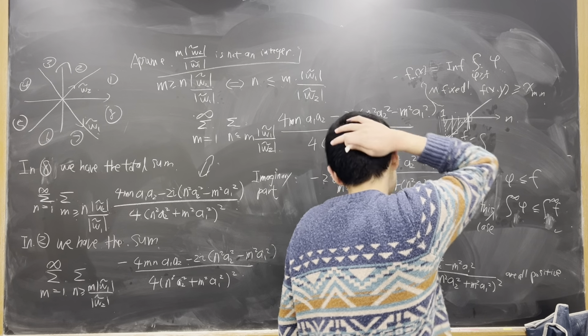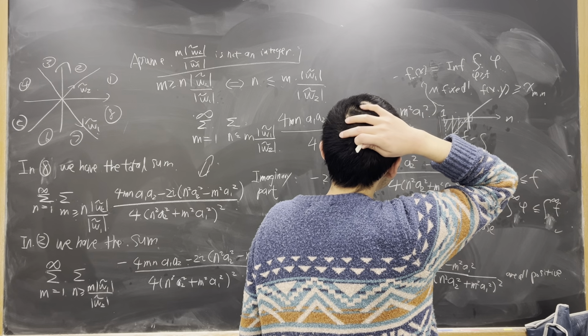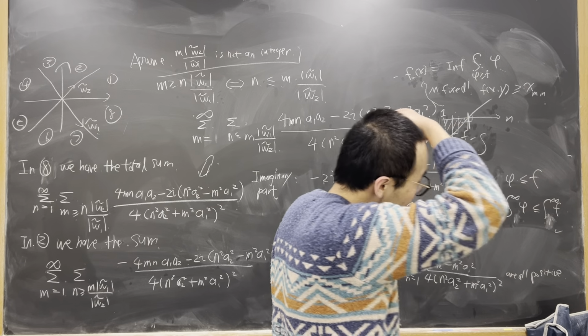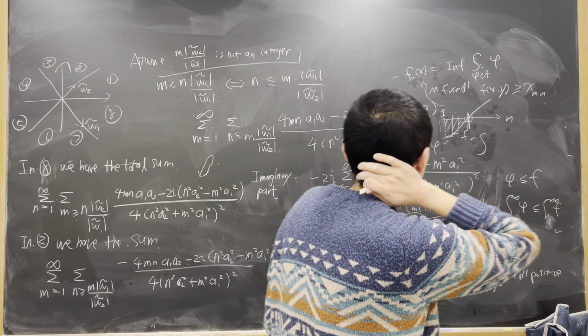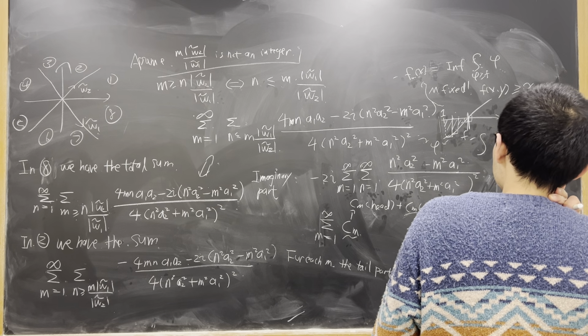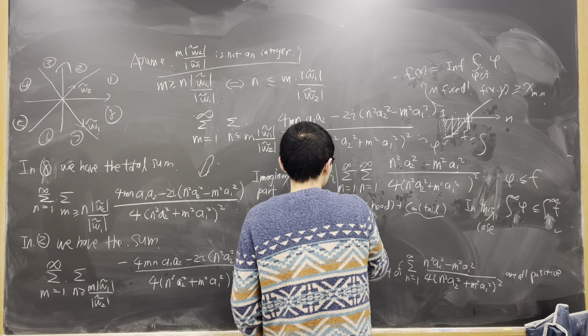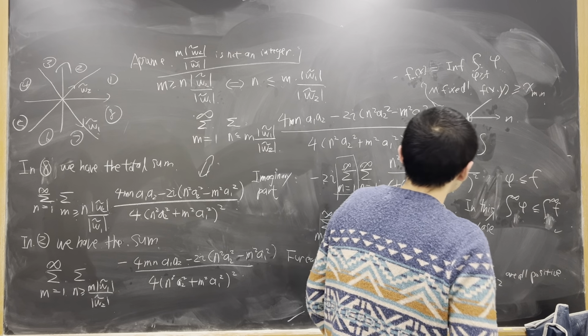So what about the m's here? Can you do the same thing for this m? I was a little bit curious. If you sum over this m here, what would happen?